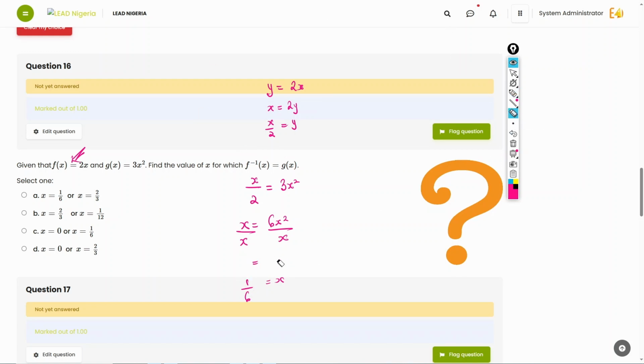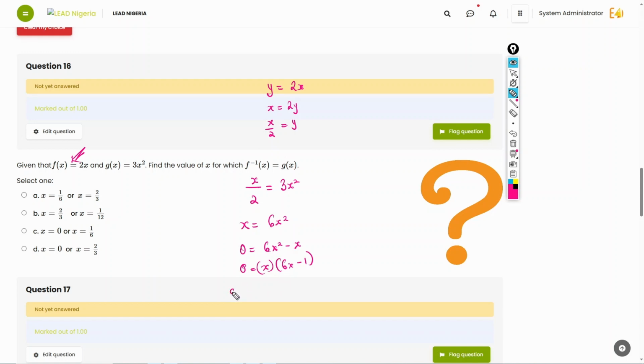What you should rather do is, instead of dividing both sides by a variable, get everything on one side of the equation. So I would have 0 is equal to 6x squared minus x. Then I'll factor out x. Once you get to this point, you can use that old trick for solving quadratic equations: if the product of these two is 0, one of them must be 0.